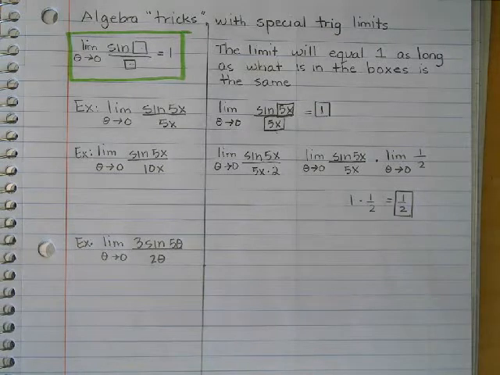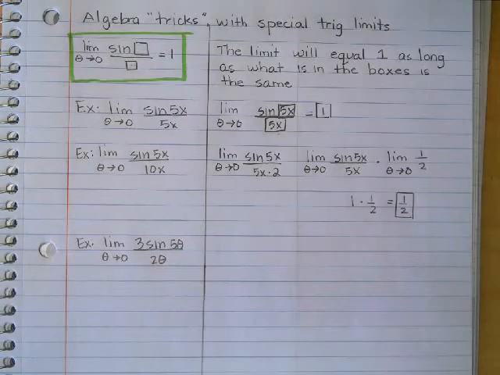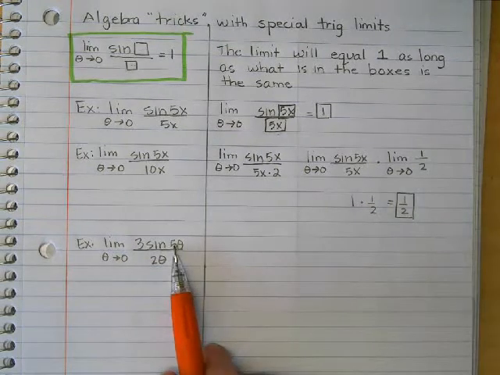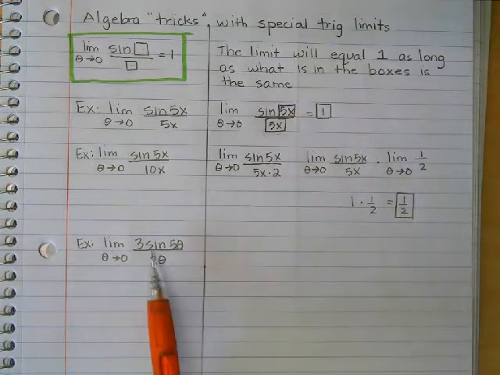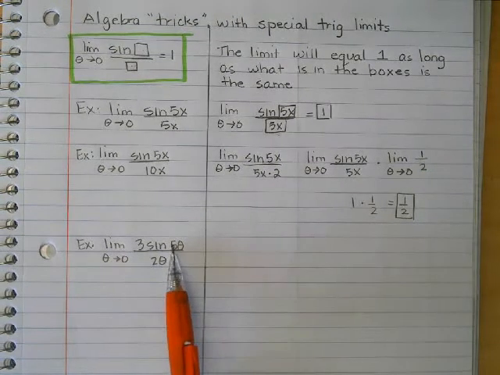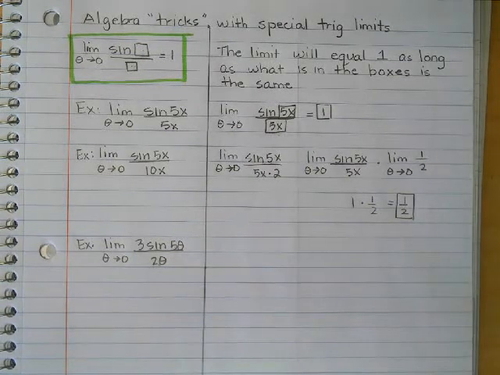One of the things you have to keep in mind is that when I'm trying to manipulate this, I can't go, oh, I'm going to make this up here a 2. You can't mess with that at all, because sine 5 theta is completely together. So don't mess with any number up there. We can only mess with the number down here.